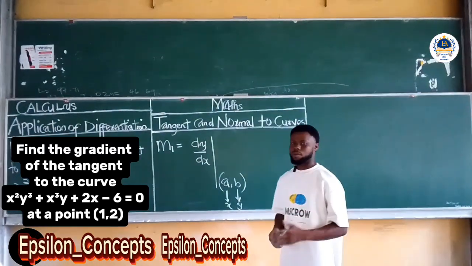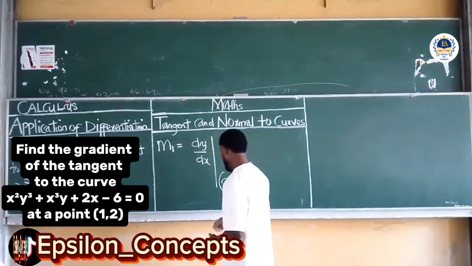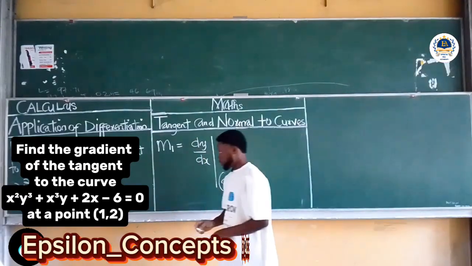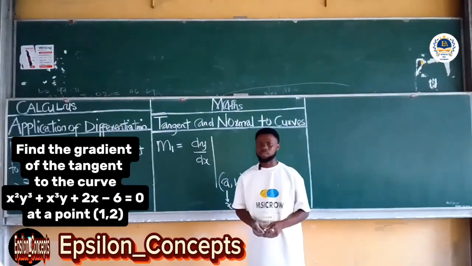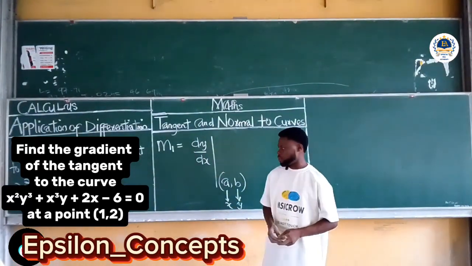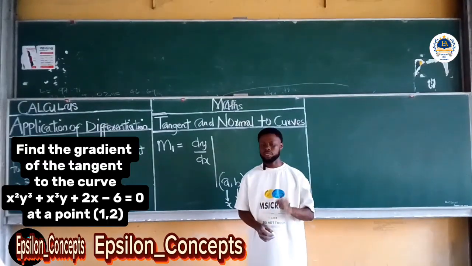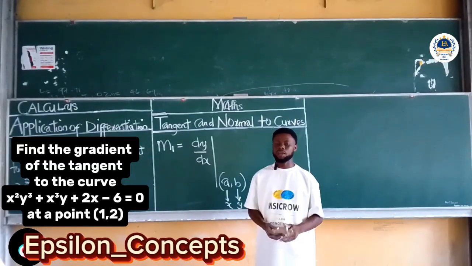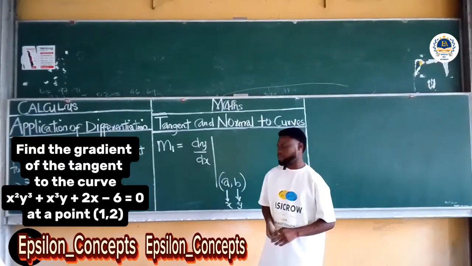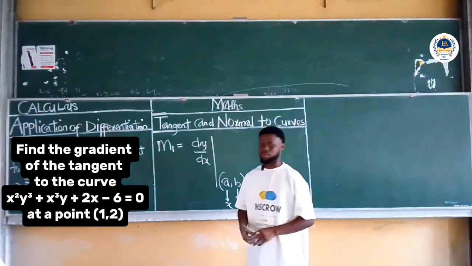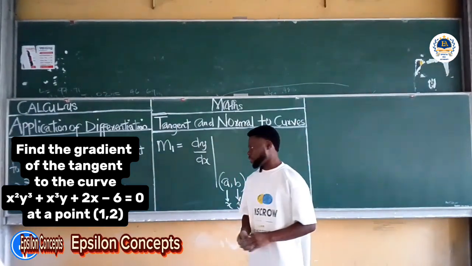Now, whenever this type of question is given to you, this is the first thing we have to do. We are going to differentiate the function given on the board. That is the first approach. Then, after the differentiation, we substitute with regard to the position given. Now, how do we differentiate this function?